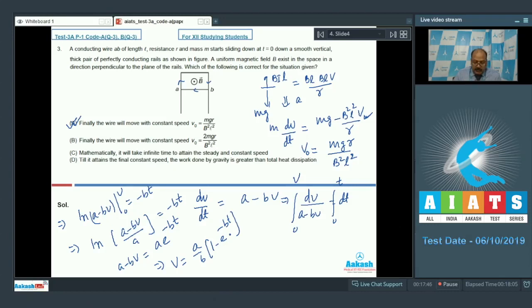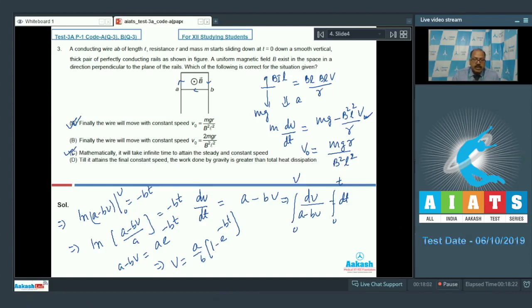This kind of solution we get. So as t tends to infinity, we will achieve the constant speed A by B. So option C is correct. Mathematically it will take infinite time to attain the steady and constant speed. So option C is correct.